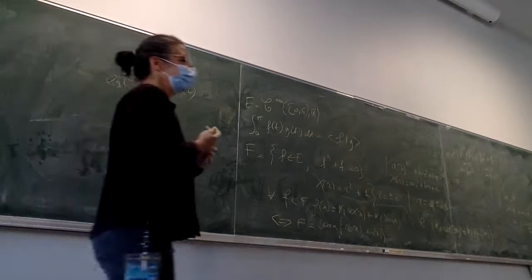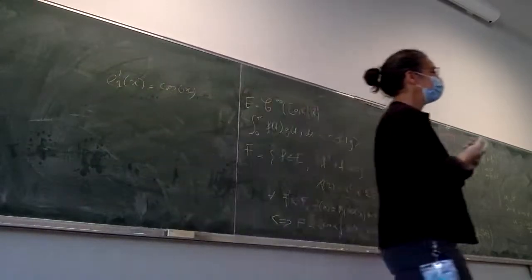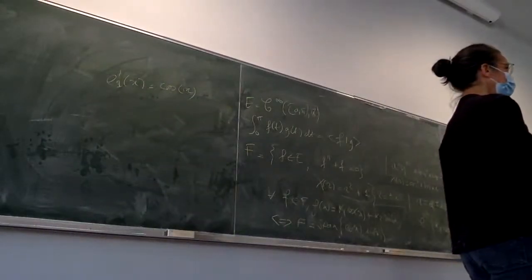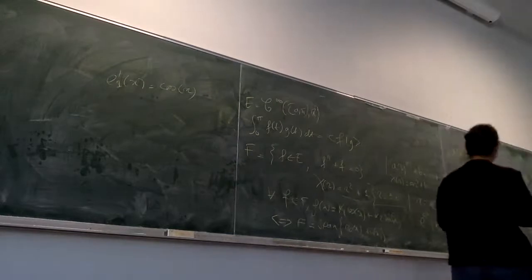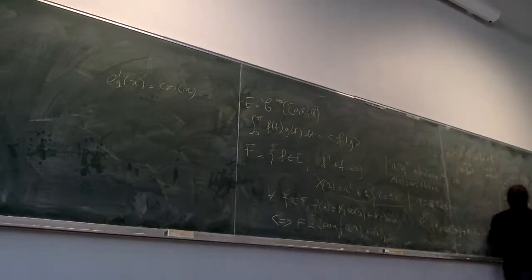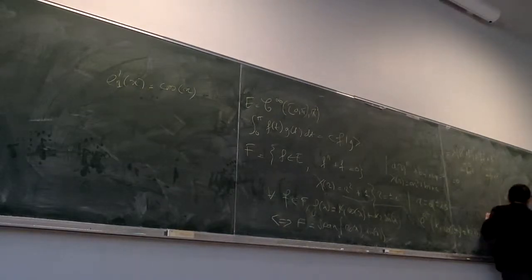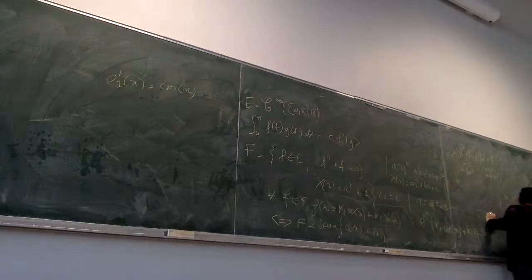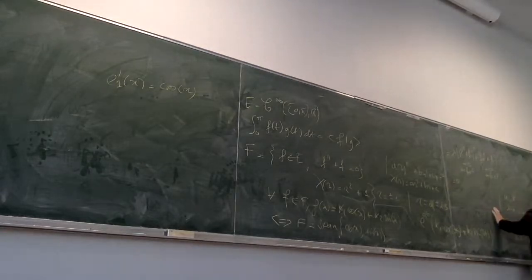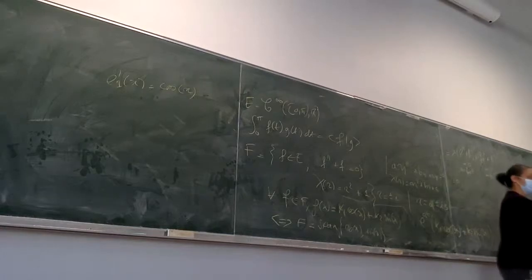Yes? In what you just erased, it depends on the value of x. Yes, good question. We want to show that they are not collinear. If I want to show that, I want to show that I can't write u equal to k times v.